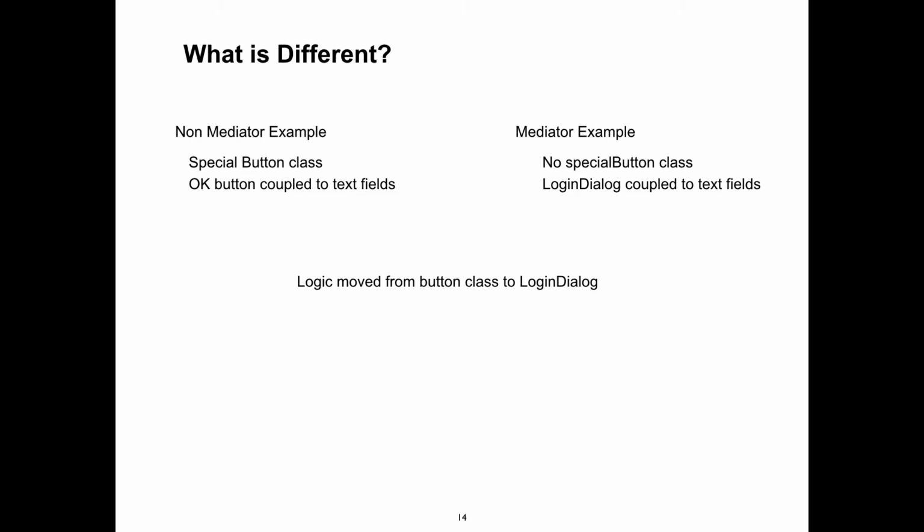Right, so we're going to create special buttons. We have buttons, default buttons, which tell us something happened, and then we tell the mediator, okay, the button was pressed, so now what do we do?